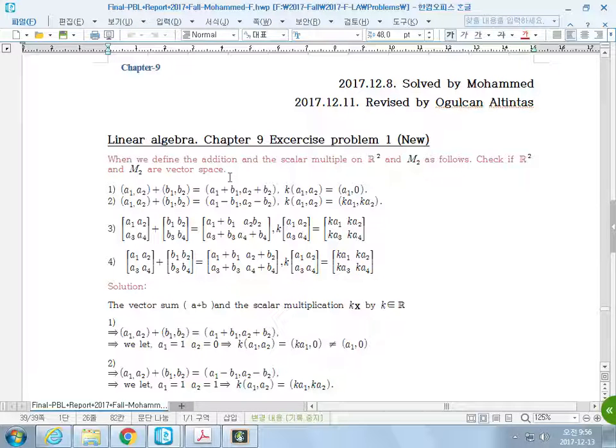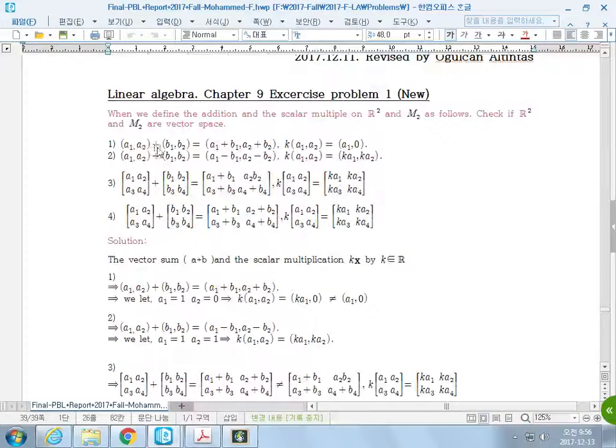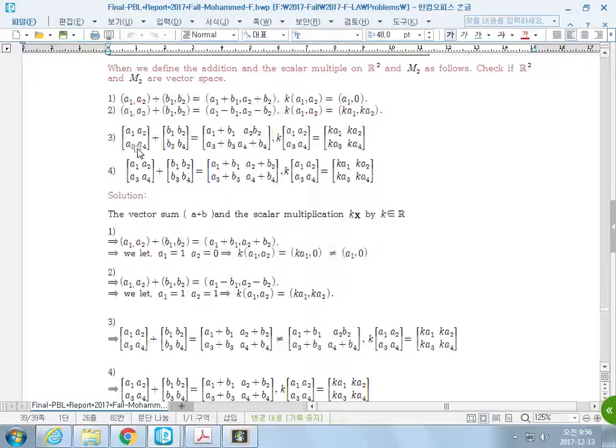So to determine if the given set is a vector space or not, we will use the basic two laws of vector space, addition and scalar multiplication. So as you see here, the first was A1, A2 plus B1, B2.